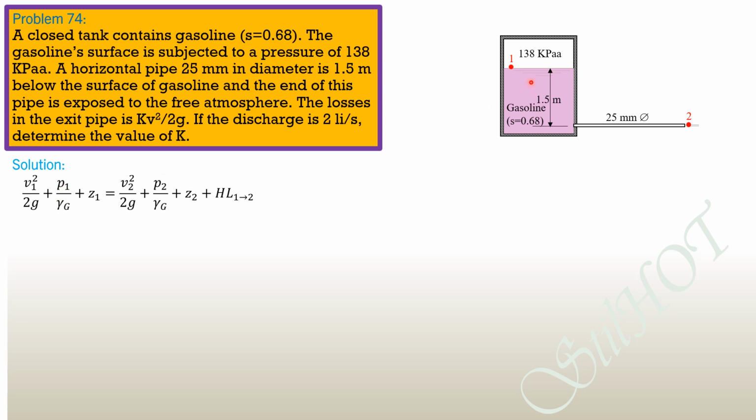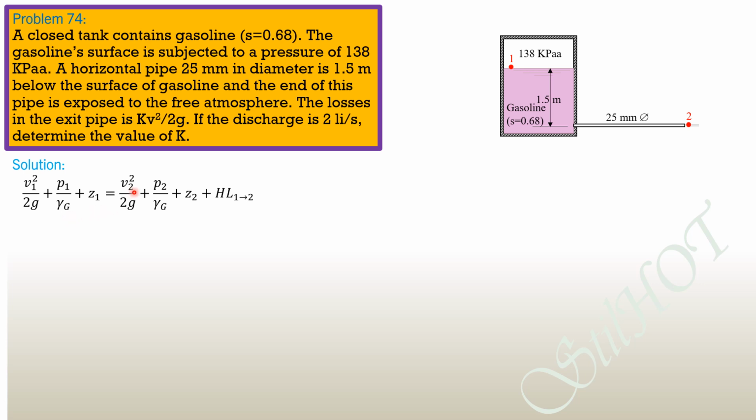Pressure head at 1 is 138 kilopascals over 0.68 times 9.81. At 2, it is atmospheric, so 101.3 kilopascals absolute over 0.68 times 9.81.